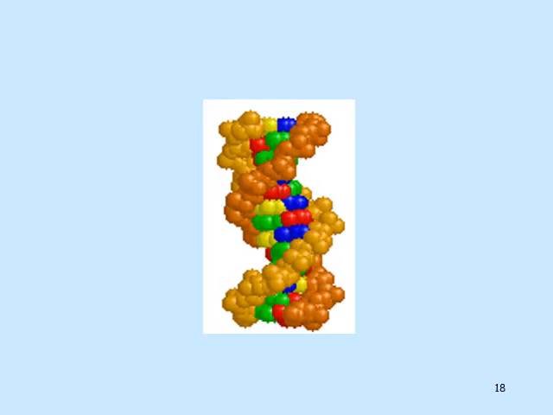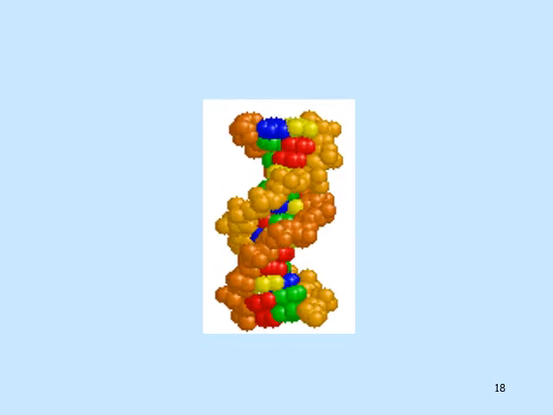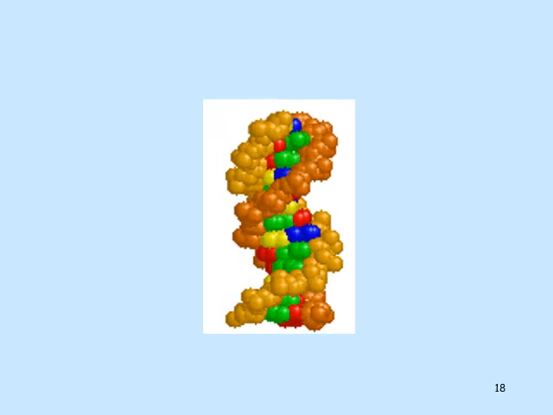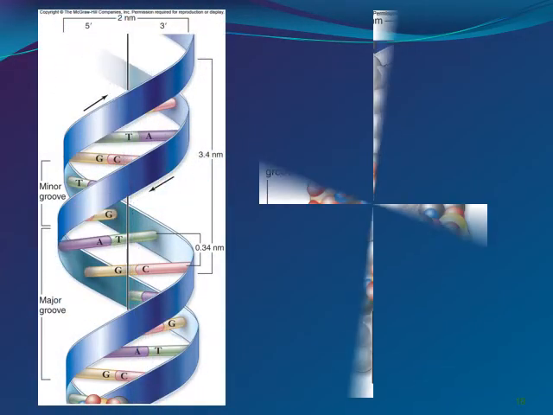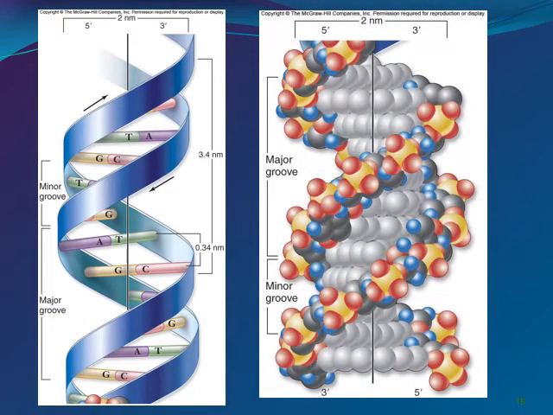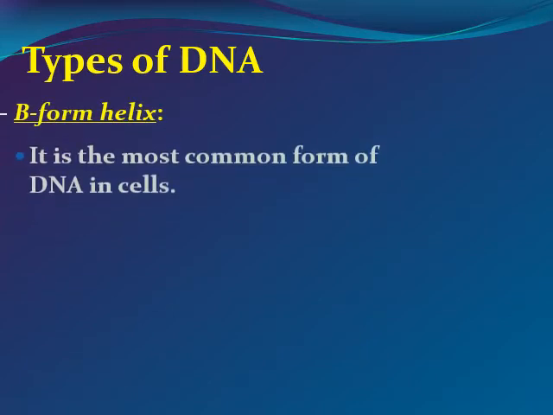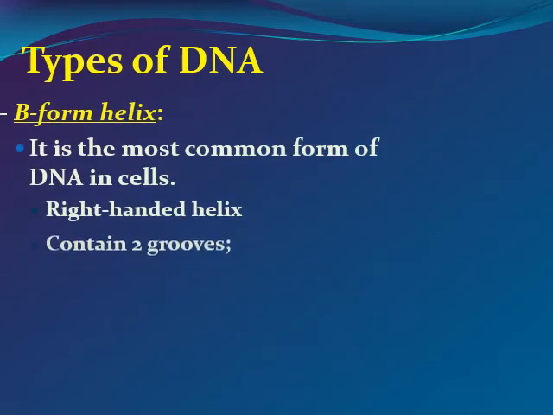This animation shows the ladder-like structure twisted to form the double helix of DNA. This image shows the structure of the DNA double strand. There are three types of alternative forms of the DNA. The first type is B-form helix.